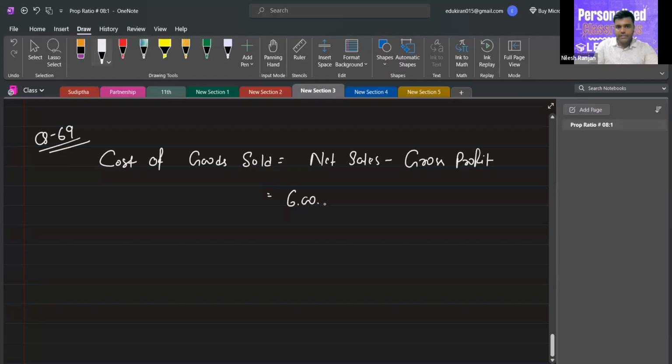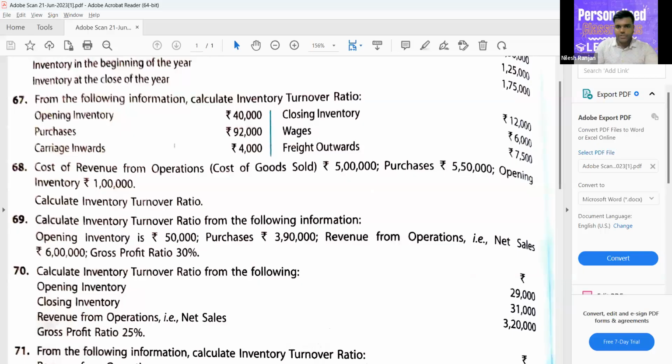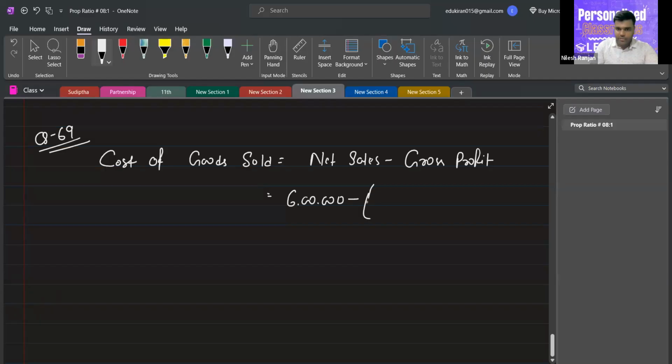So 6 lakh here minus gross profit, that is 30%. Gross profit is calculated on net sales. So 6 lakh into 30%. You can calculate gross profit separately and then write the amount here, which is also good. You can write gross profit equals 6 lakh into 30%.